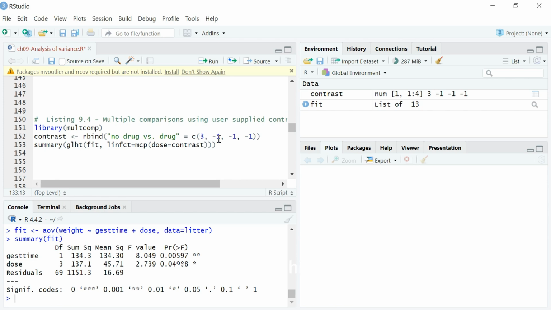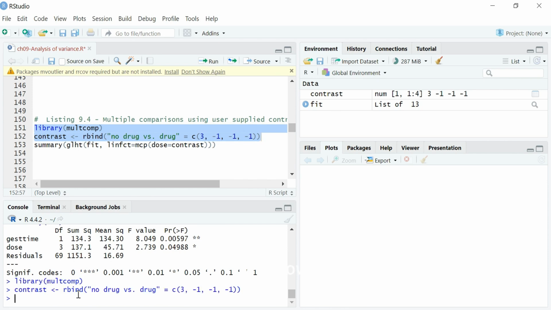The requirement is that the summation of all scalars must be 0. So we create a matrix using rbind, with the label no drug against drug, and use c to combine these 4 values together. We do this.